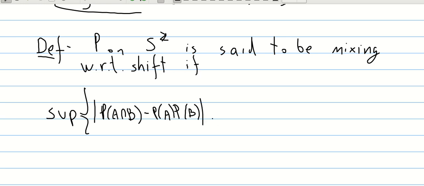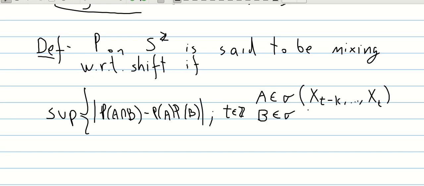But now we're going to have events A and B that are slightly different. So A can depend on anything from t minus K to t. So it's not depending on infinitely many projections anymore, just finitely many of them, and within a distance of K. And B is also from X_{t+s} until t plus s plus K.